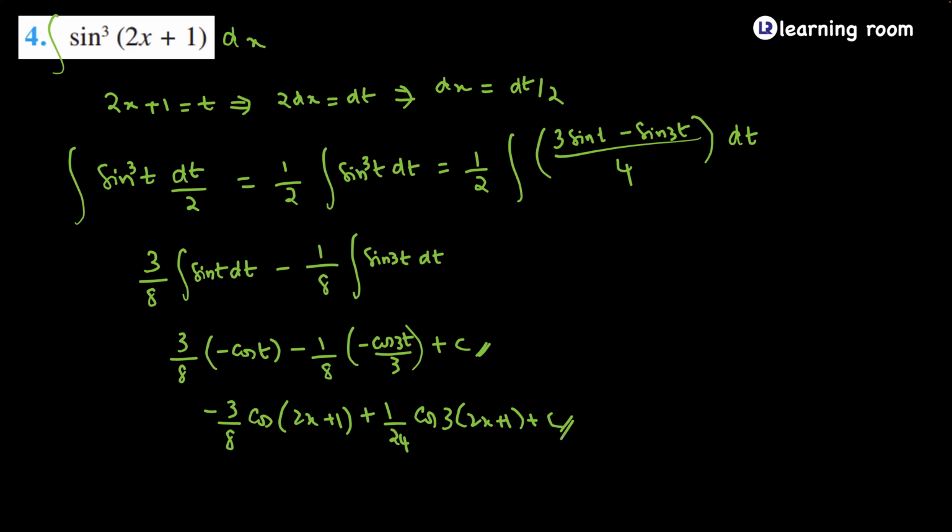This is correct. But still, the book answer says it is minus 3 by 8 times cos of 2x plus 1 plus 1 by 24 times 4 cos cube. Okay, I'll treat the 2x plus 1 as theta.